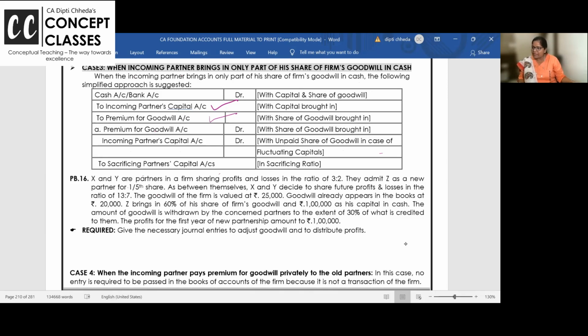Goodwill of the firm is valued at 25,000. Goodwill already appearing in the books is 20,000, so already appearing in the books, write off. Z brings in cash 60% of the share of goodwill and 1 lakh as his capital in cash.